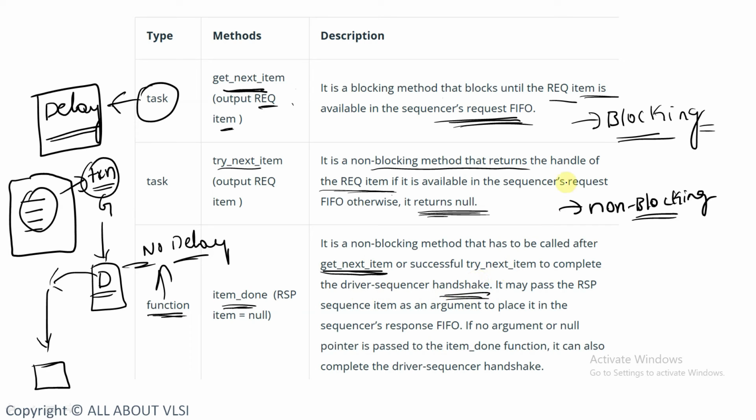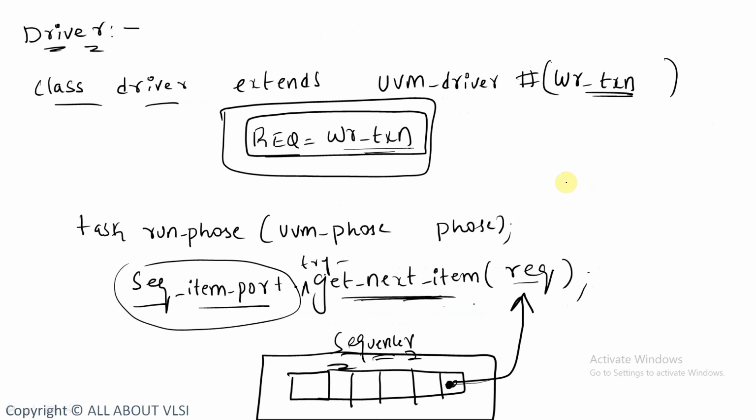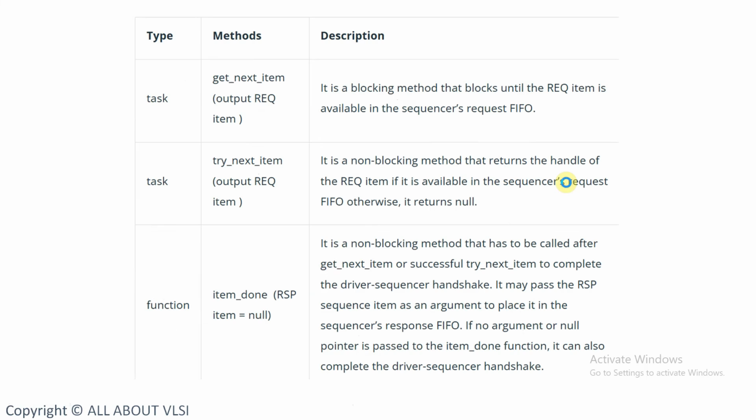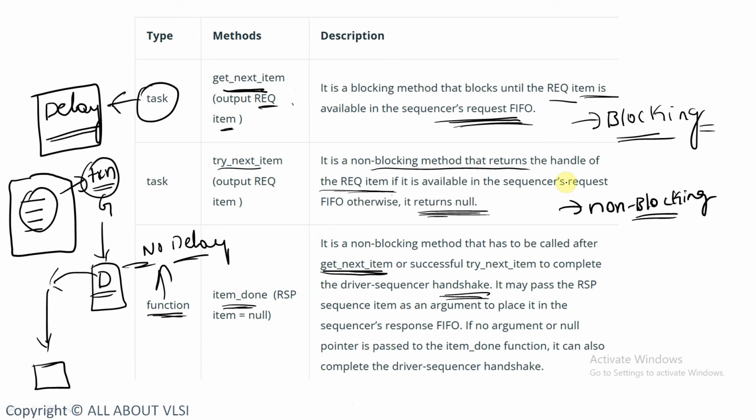For example, if you have studied the AHB protocol, there we use the HREADY signal for handshaking. Your sequencer also should know whether the driver has successfully received the transaction or not, so it is basically a handshake signal.